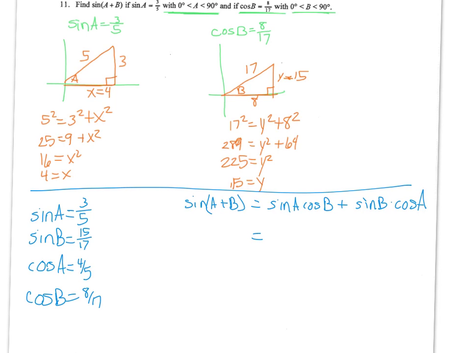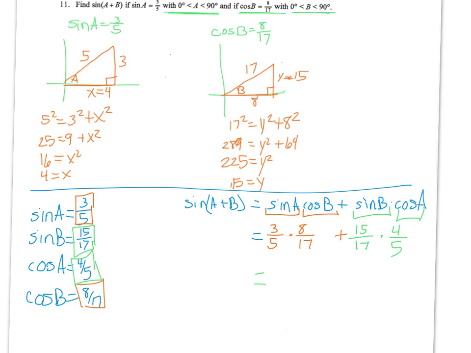Plugging those in, sine of A is 3 over 5 times cosine of B is 8 over 17 plus sine of B is 15 over 17 times cosine of A, which is 4 over 5.